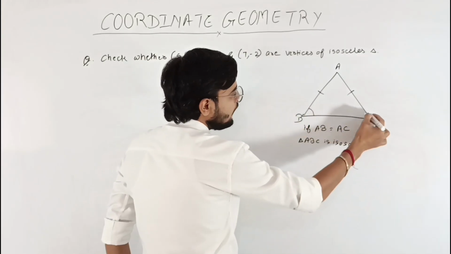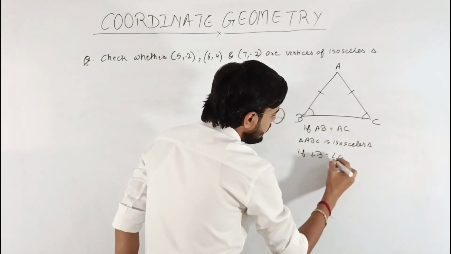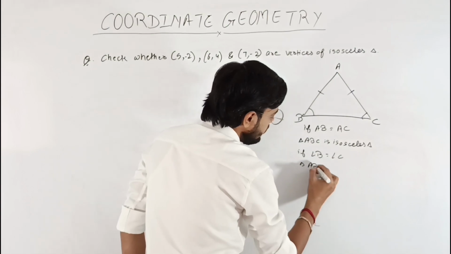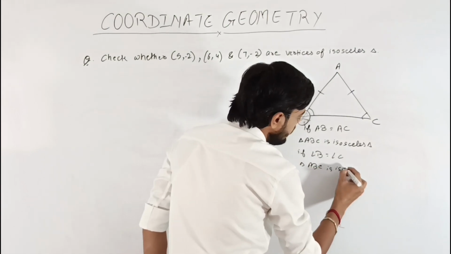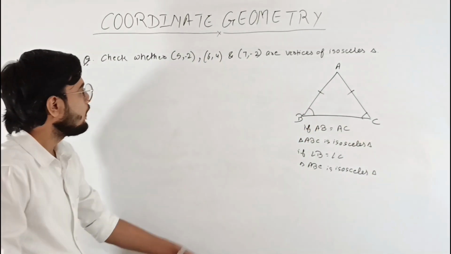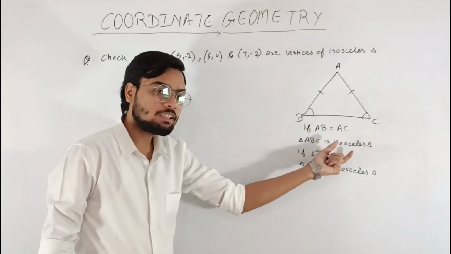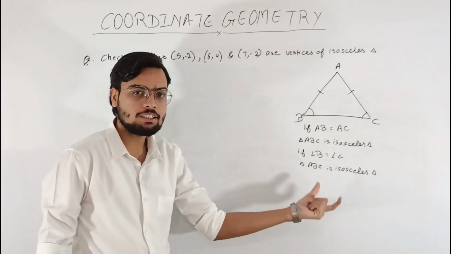And if angle B is equal to angle C, then triangle ABC is an isosceles triangle. So we have to find whether these three points are vertices of one or not. If AB is equal to AC, then it is isosceles, or if angle B is equal to angle C, then it is isosceles.